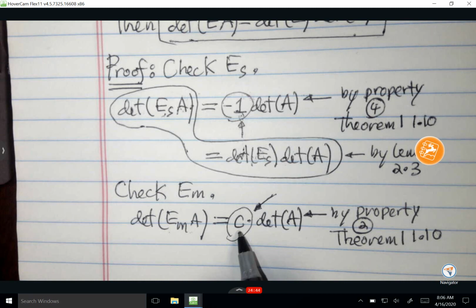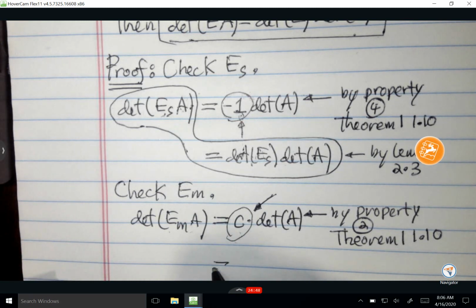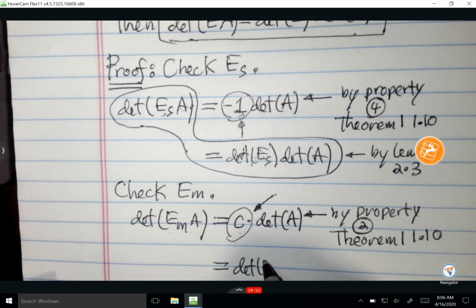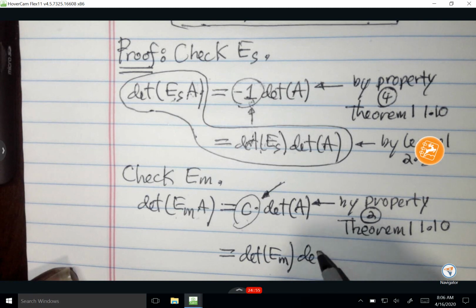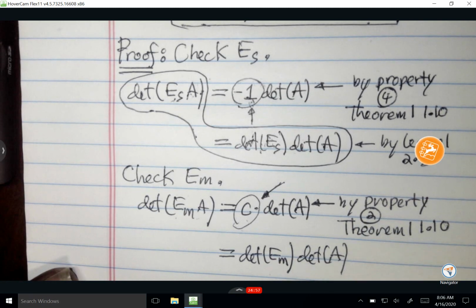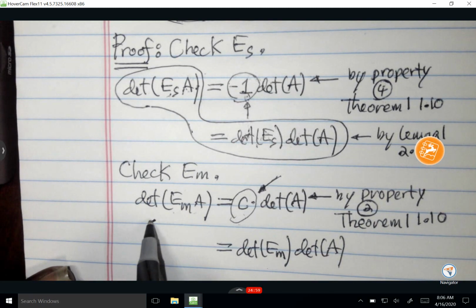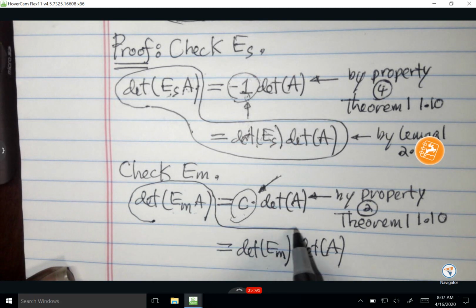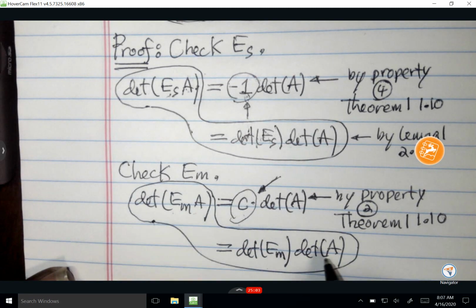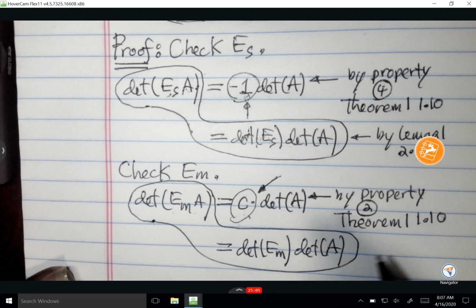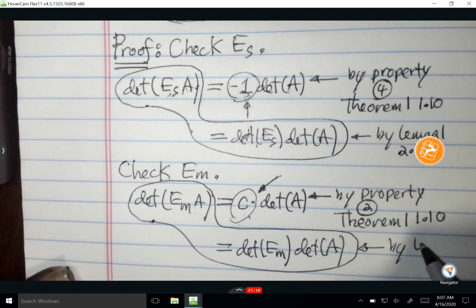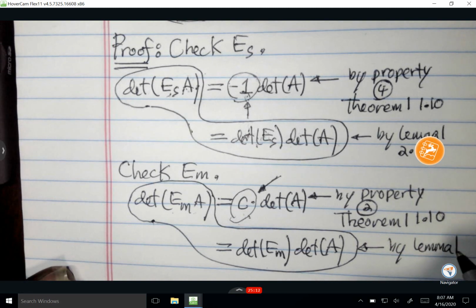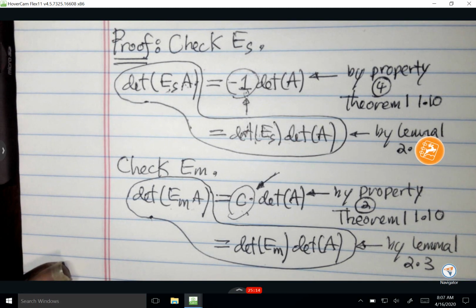So I can replace it by the determinant of E multiply, and then bring your determinant of A down. And congratulations, you have just now shown these are equal. And remember, the reason why C is this determinant was that lemma we proved a minute ago, Lemma 1 in 2.3.